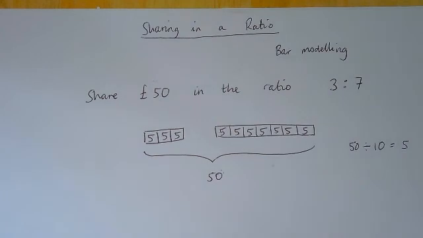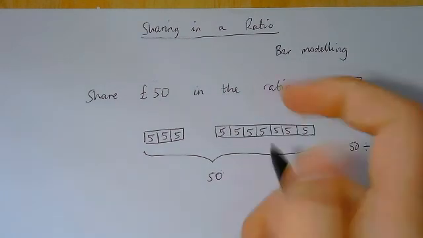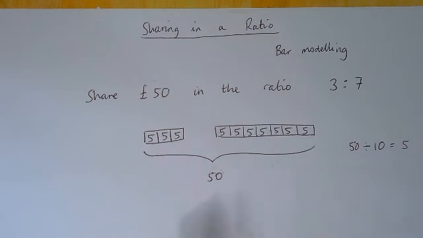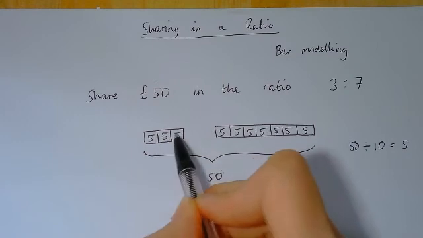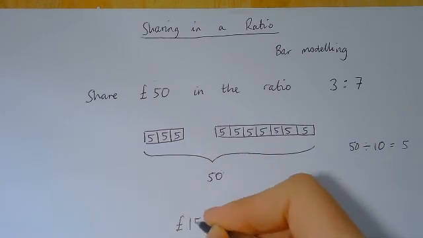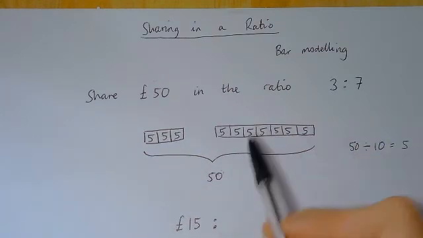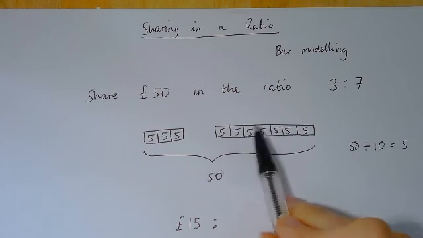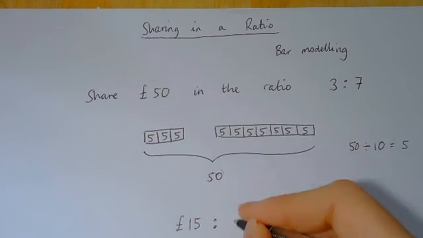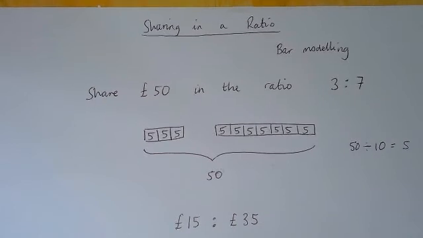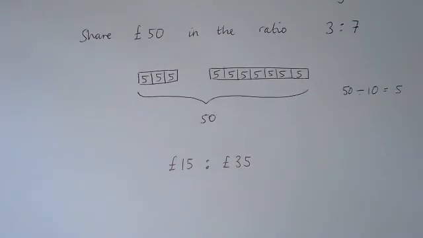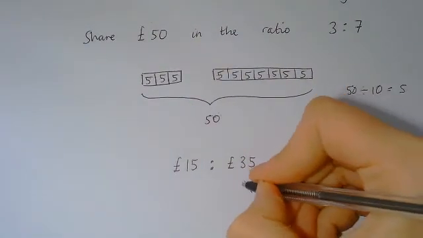So in ratio questions, what you're going to be trying to work out is what each of those bars is worth. Each of those bars is worth 5, and now we can look. How much would this person get? Well, they would get 5, 10, 15. So that person's getting 15, and what's this person getting? 5, 10, 15, 20, 25, 30, 35. Now, we can do a little check at the end to make sure we've got the right answer.